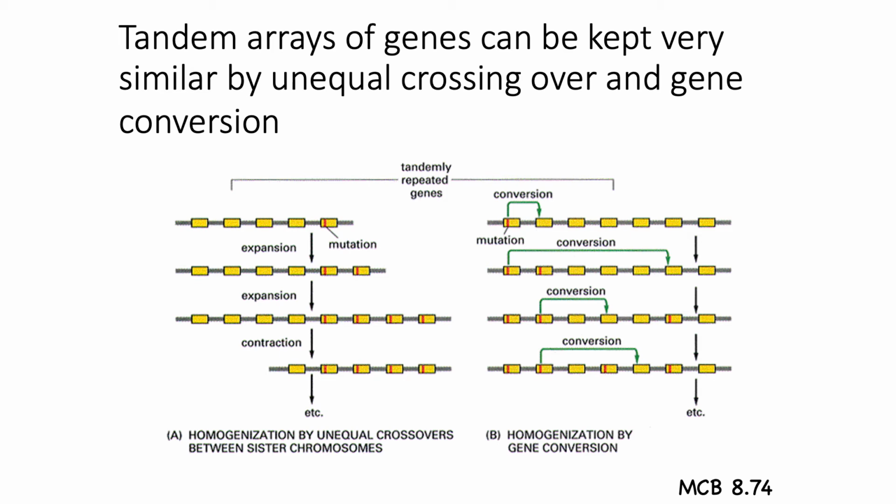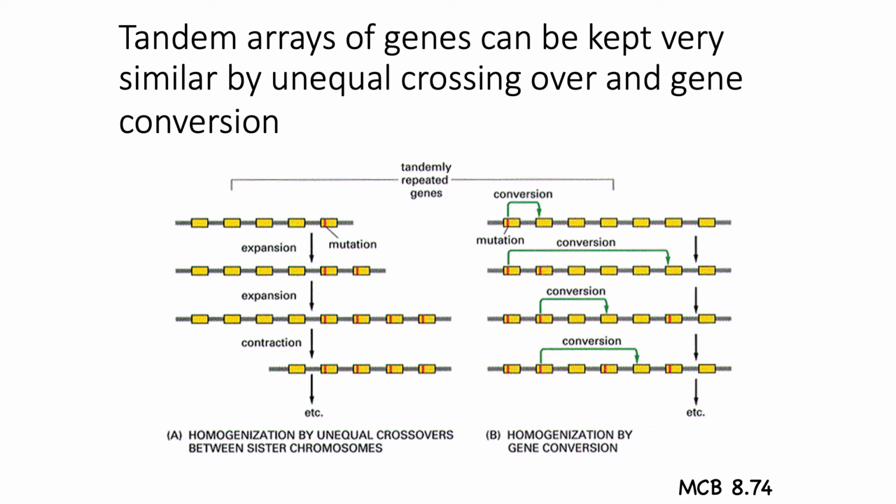Either that particular mutation is going to repopulate the chromosome so that all of the copies of the gene match that, or it's going to be deleted. And through a series of unequal crossing overs, one or the other of these is going to happen.